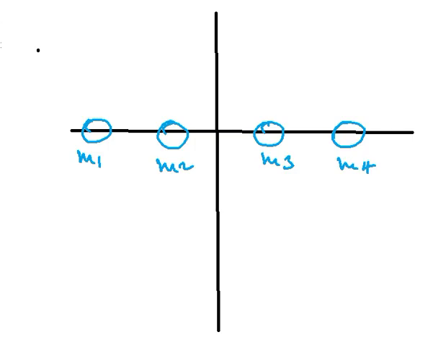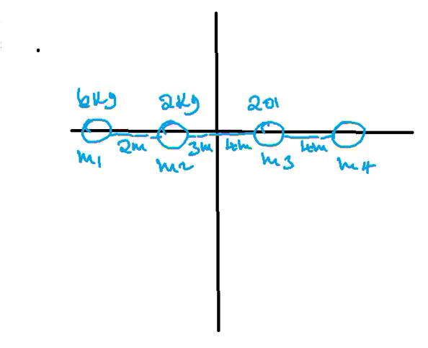Let's say mass 1 and mass 2 are about 2 meters, and from the origin we have something about 3 meters, here about 4 meters, and this is about 4 meters as well. Let's say that is the case. Mass 1 is given as 6 kgs, mass 2 as 2 kgs, mass 3 as 20 kgs, and this is given as 60 kgs.